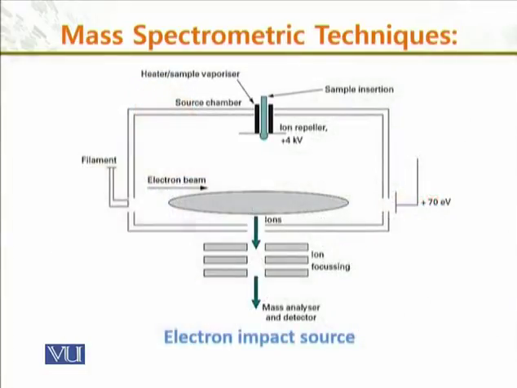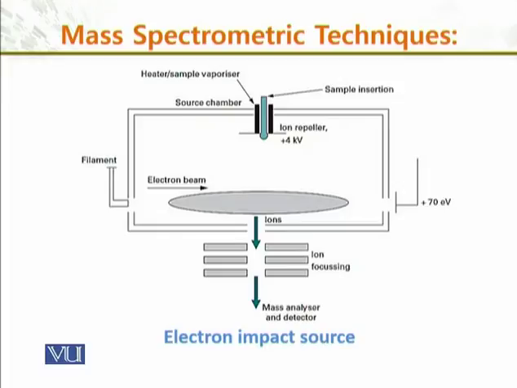Just as shown in this figure, there is a filament, an electron beam, and the sample is introduced at the top. In this chamber the ions are there, and we apply 70 electron volts in the vacuum, and then the ion beam is focused.